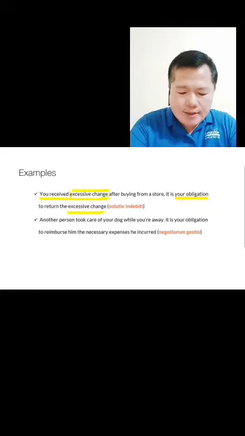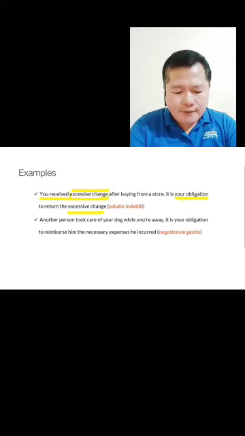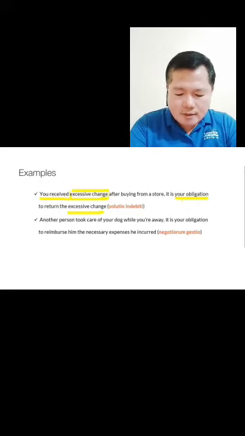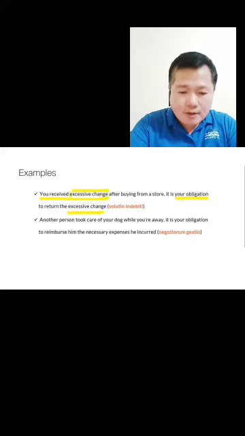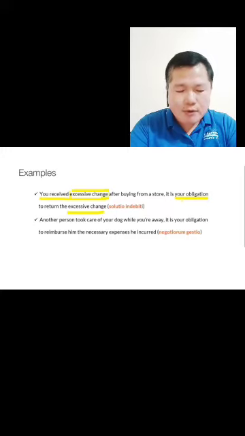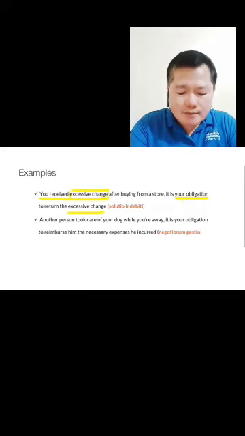So if you analyze, there is no contract in the first place. Nag-usap ba kayo ng store owner, nagbebenta, na kapag sobra ang na-receive mong sukli, kailangan mong ibalik? Siyempre wala namang usapan. In the first place, hindi naman alam na magkakamali ang tindera na ibigay sa iyo ay sobrang sukli.